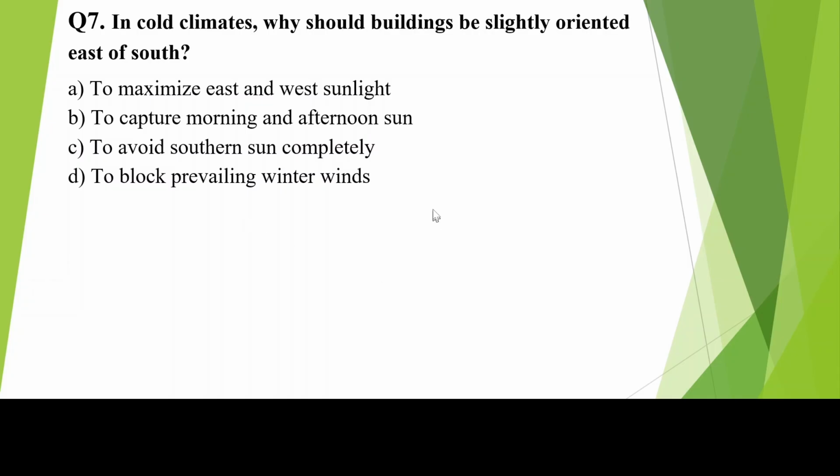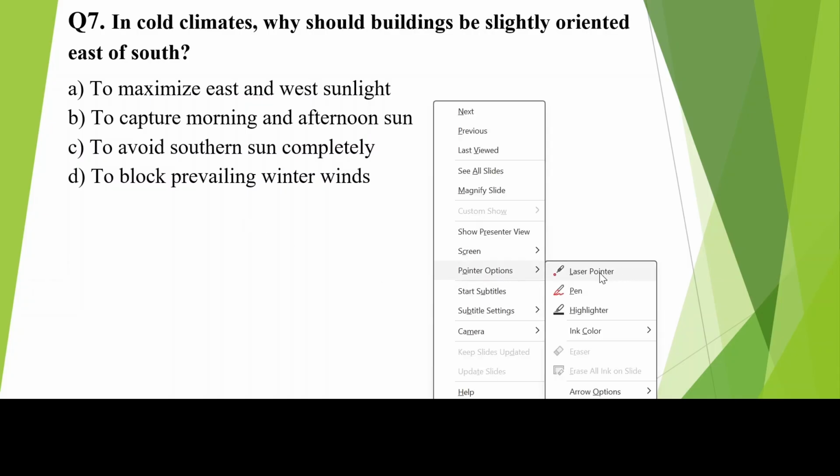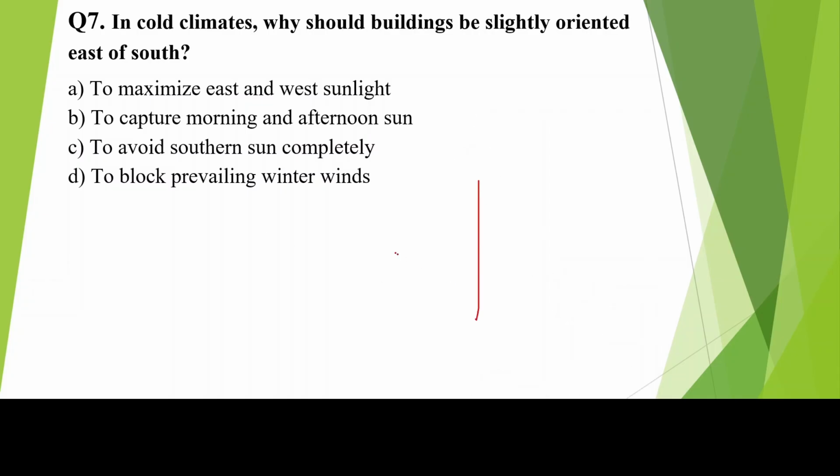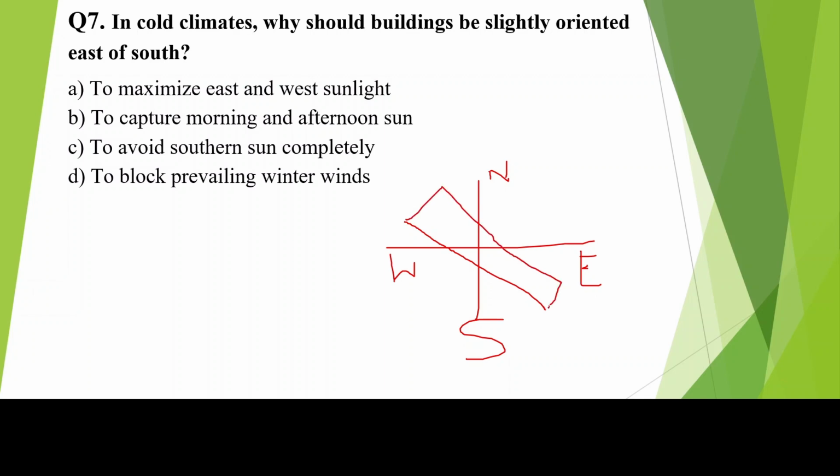So let me draw for better understanding of you all. Such a building orientation, east of south, is generally preferred in cold climate conditions.